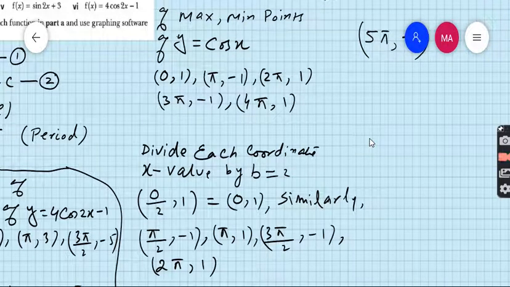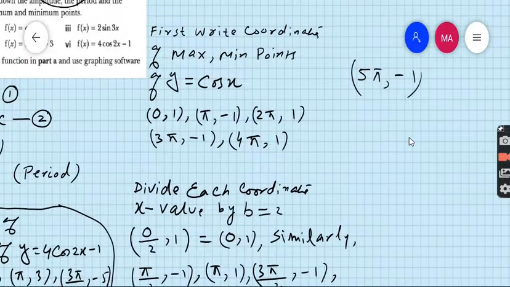Similarly, divide pi by 2, 2 pi by 2 is pi, 3 pi by 2, and 4 pi by 2 is 2 pi. And you know, why am I not taking the values after 4 pi?